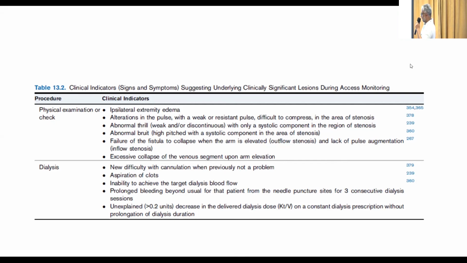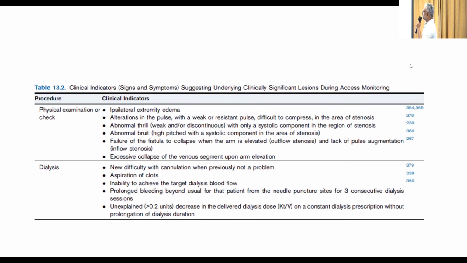If a pulse is weak or resistant, difficult to compress, then you know there is some stenosis somewhere. Abnormal thrill, again, you know there's a stenosis somewhere. Abnormal bruit, stenosis, failure of the fistula to collapse, and excess collapse of the venous segment upon arm elevation. So all these point out, we'll look at what they mean.